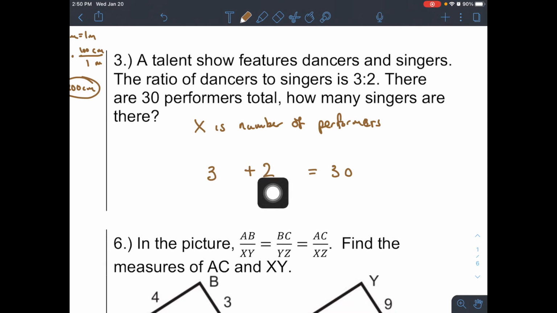However, 3 plus 2 doesn't get us 30, right? We need to figure out some multiple of it. And so we're going to multiply both by x here. So now we can solve this particular equation. 5x equals 30, x equals 6.